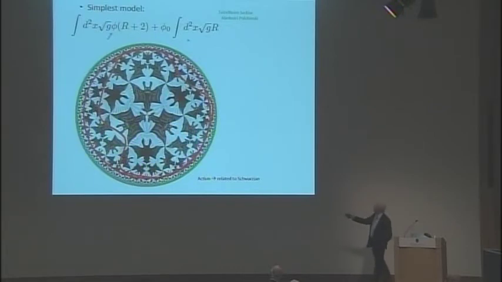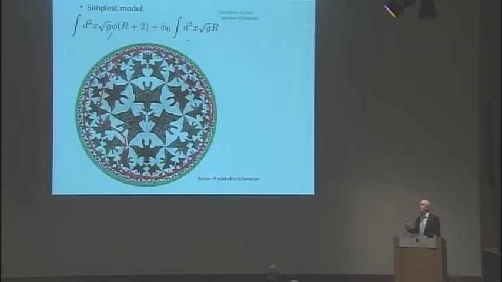In defining this theory, you need to specify boundary conditions at the boundary, but there's an ambiguity as to where you place the boundary. So this red curve is a circle, epsilon away from the boundary, which approaches the boundary as you take the regulator away, but you might have chosen some other curve.